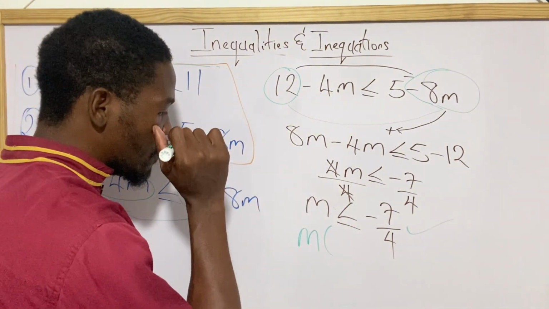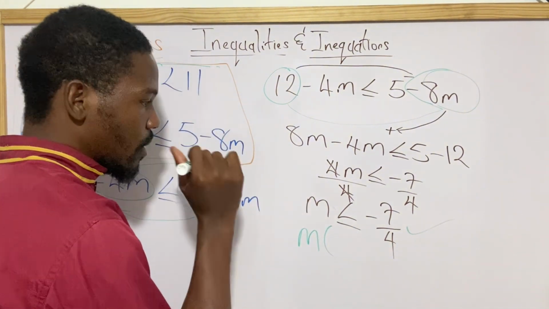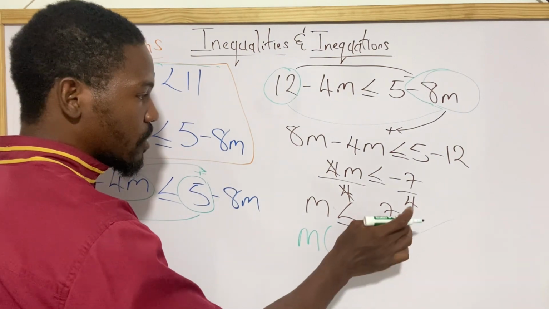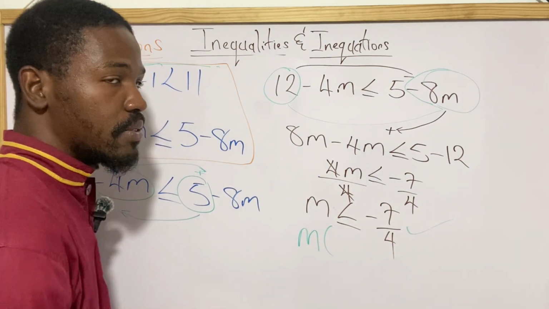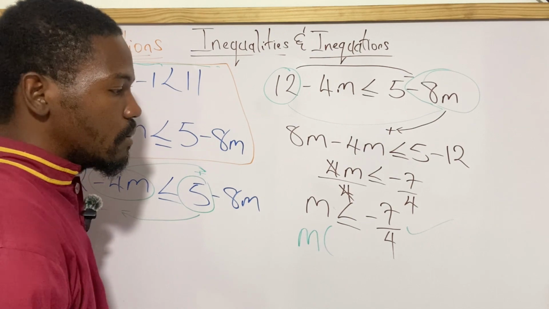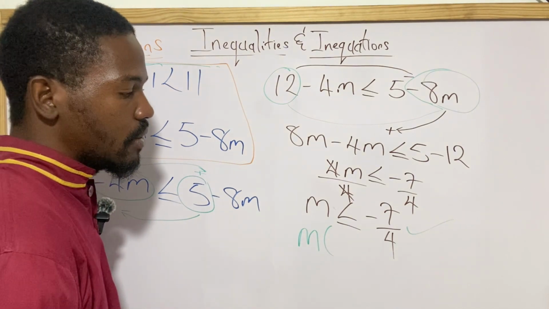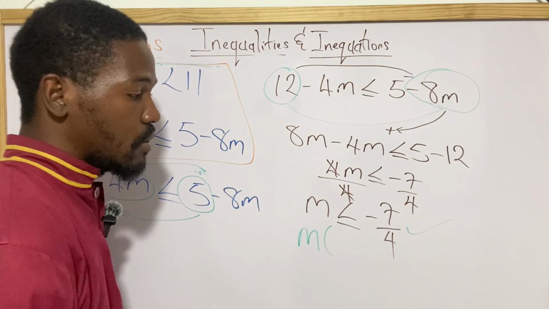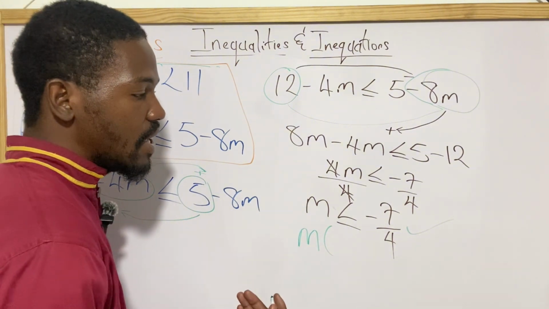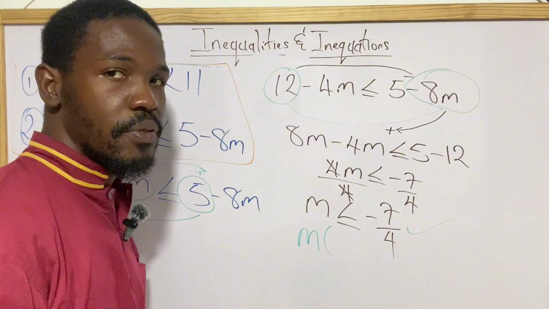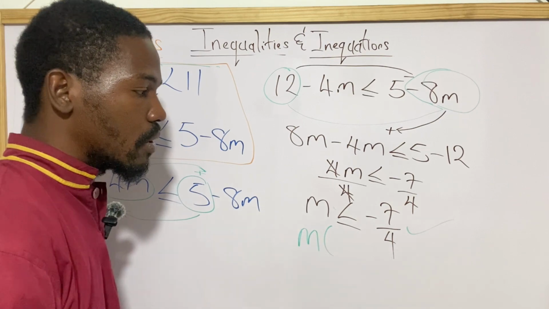Negative 7 over 4, rearranged as a mixed fraction, is negative 1 and 3 over 4. So any number that is less than negative 1 and 3 over 4 could work, right?